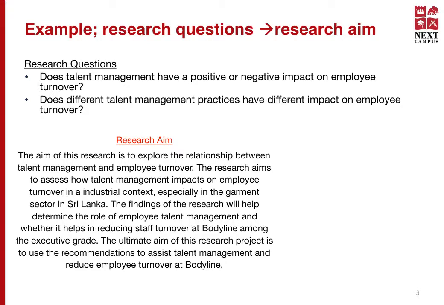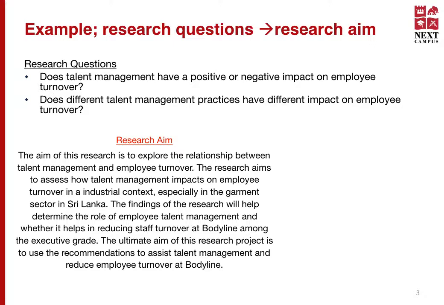If you see this example research aim, it says the aim of this research is to explore the relationship between talent management and employee turnover. The research aims to assess how talent management impacts employee turnover in an industrial context, especially in the garment sector in Sri Lanka. So here, the research aim clearly says what relationship you are trying to explore and in which context.